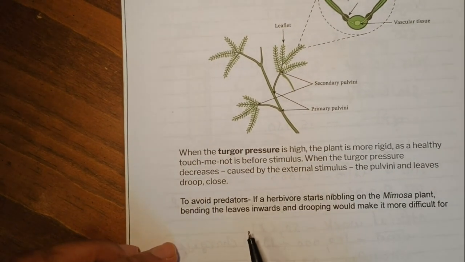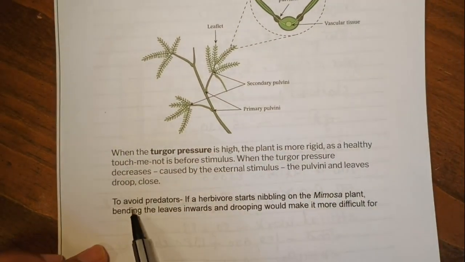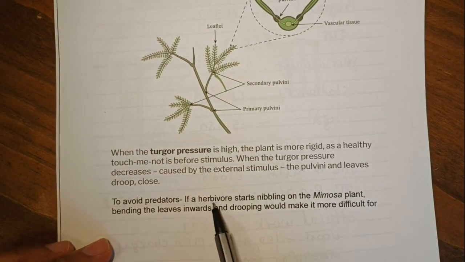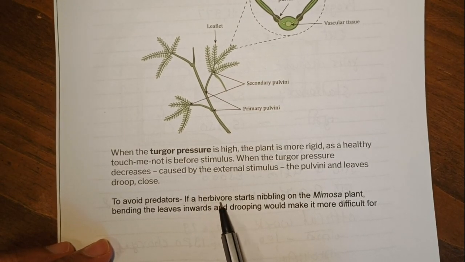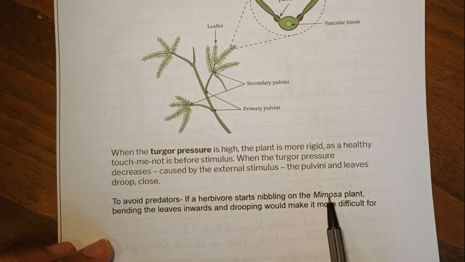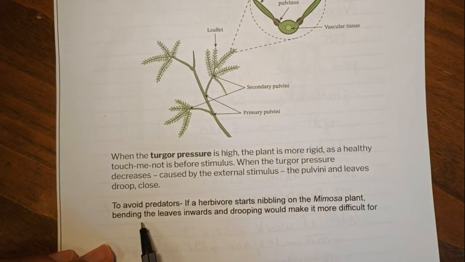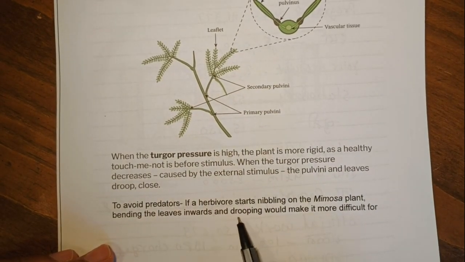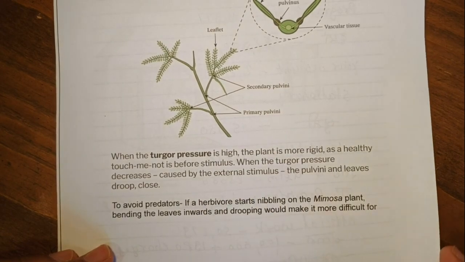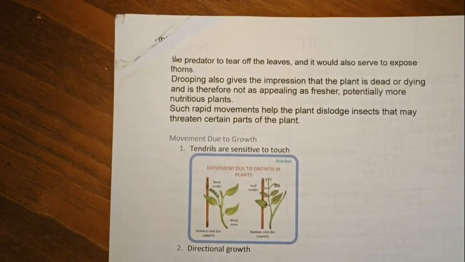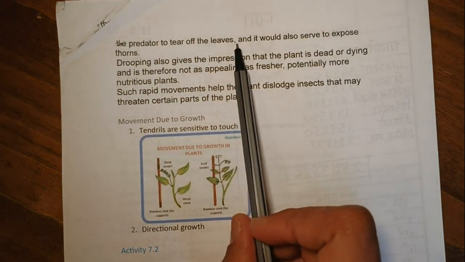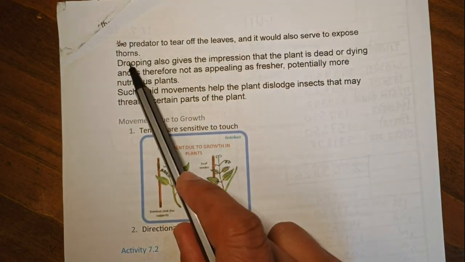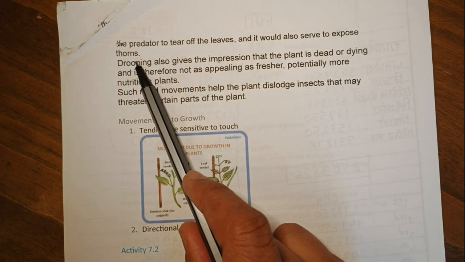And why does such a mechanism exist? This is to avoid predators. If a herbivore, that is an animal that feeds on grass and vegetarian stuff, starts nibbling on the mimosa plant, this touch-me-not plant, bending the leaves inwards and drooping would make it more difficult for the predator to tear off the leaves, and it would also serve to expose the thorns of these plants.